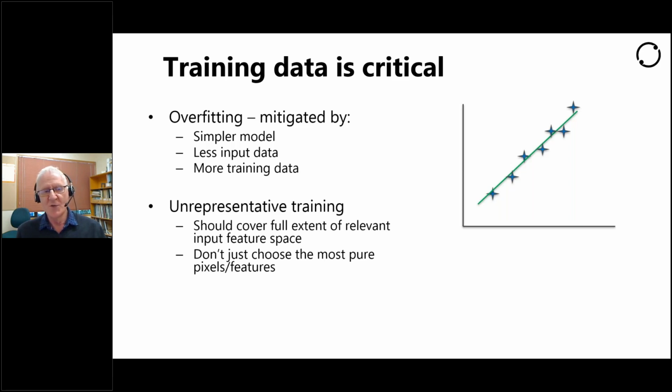So you need to make sure that the points that you choose for training cover the full extent of the relevant input feature space. So for each class that you're looking at, you might expect a range of training points to be appropriate.